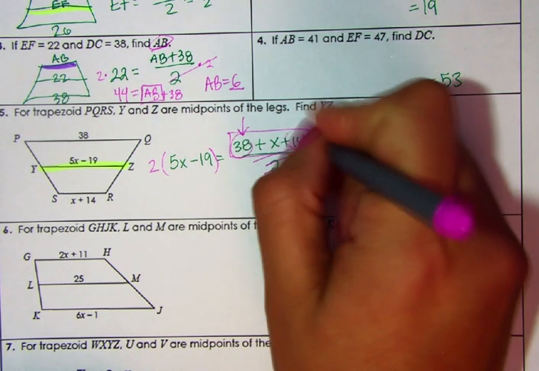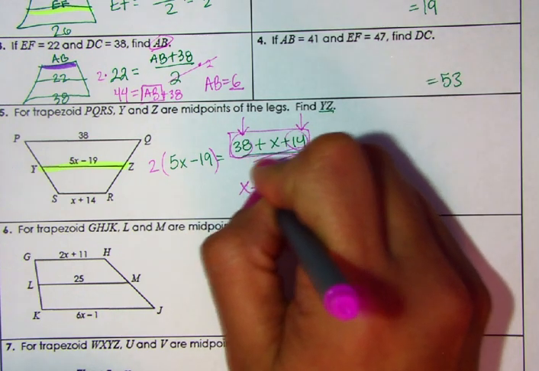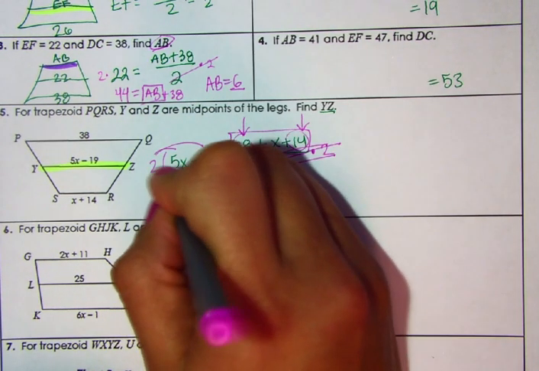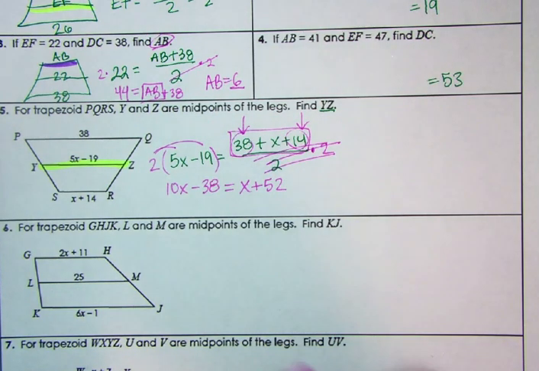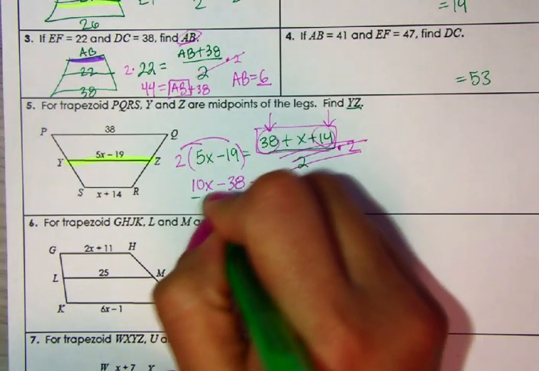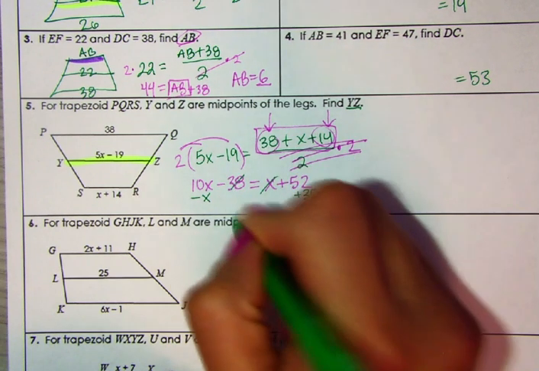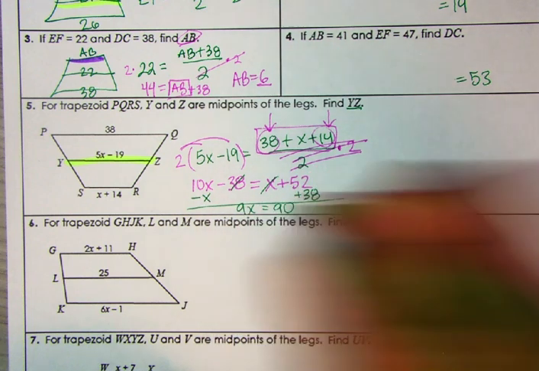These are like terms. So you're going to have x plus 52 equals, multiply these 2, and you get 10x minus 38. This is you solving for x, so you're going to subtract an x, add 38. So you get 9x equals 90.